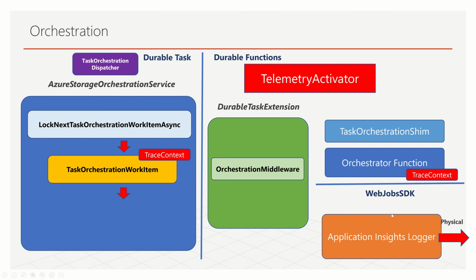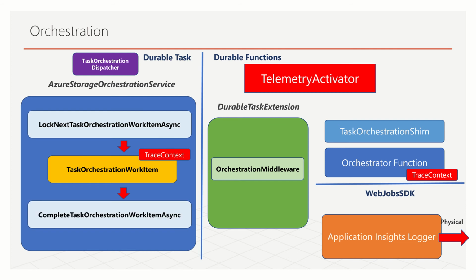And for the logical log, this is one orchestration execution, starting from this time and ending at this time. This is tracked by the telemetry activator after the task orchestration work item completes, I think, if we have already configured the callback. I call this logical telemetry.